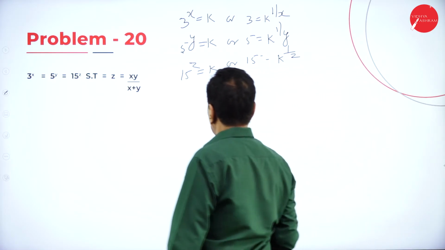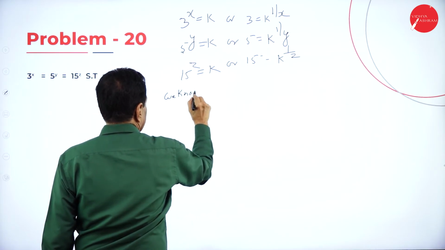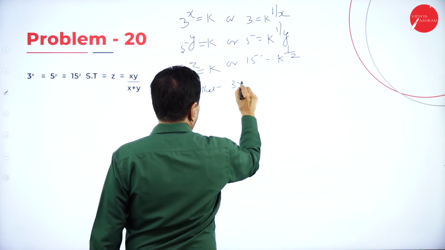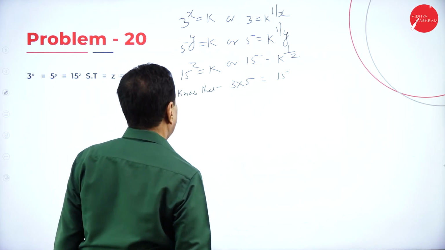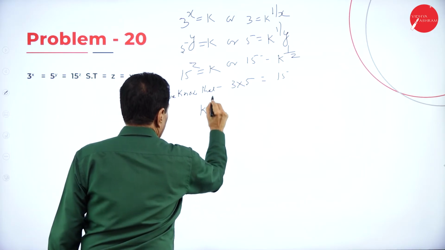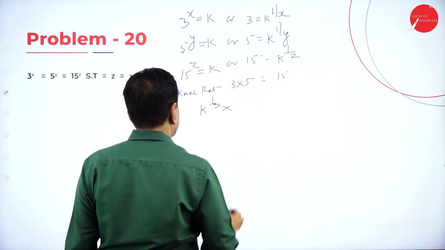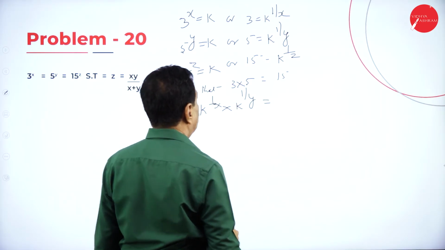Then we know that 3 into 5 is 15. What is 3? K to the power of 1 over x. What is 5? K to the power of 1 over y. What is 15?